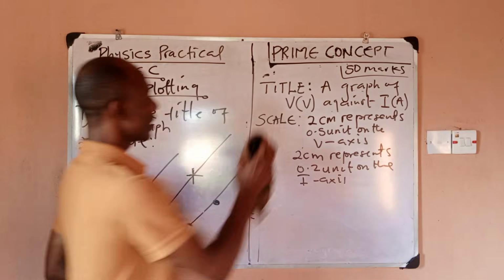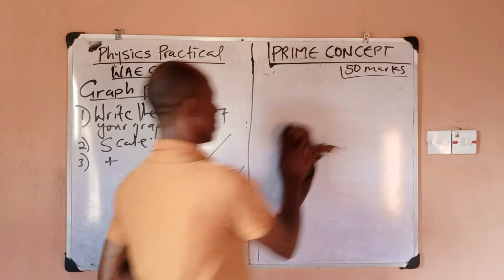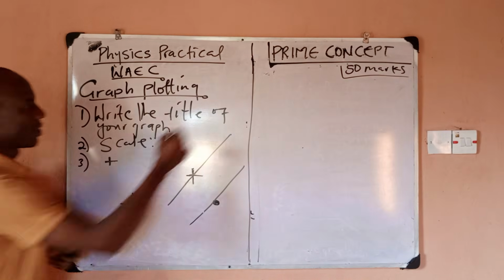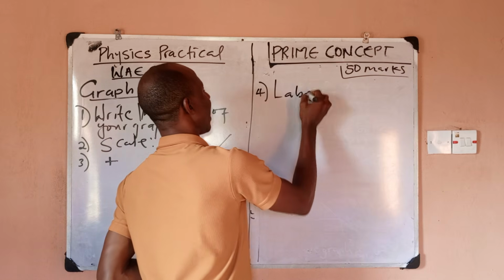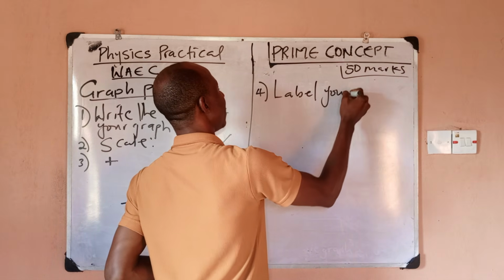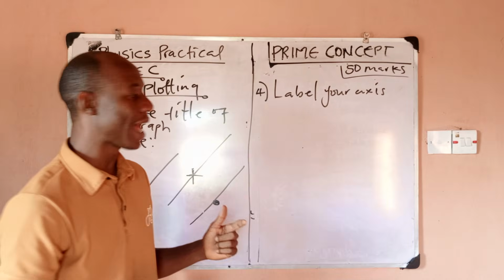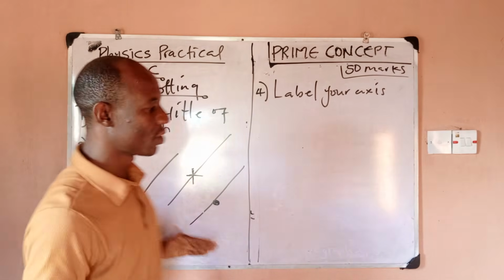Now, another thing you should take note of, which I've already mentioned casually, is number 4. Number 4, label your axis. Now, how do you label your axis? Remember, you have 2 axes. You have your vertical axis and you have your what?